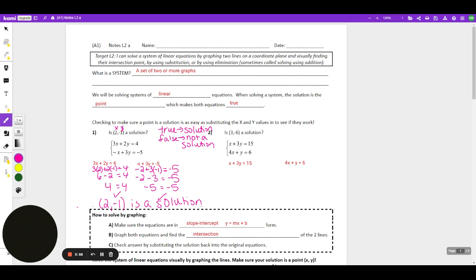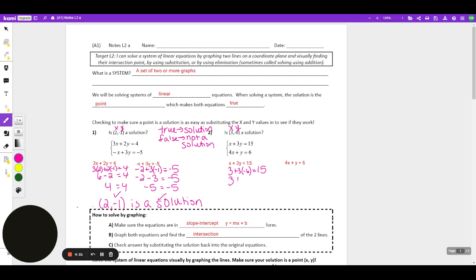Okay. Now I want to see if number 2, (3, negative 6), is a solution. So again, I'm going to go ahead and plug in my x value and my y value. So my x is a 3 plus 3 times y, which is my negative 6. And I want to see, is that equal to 15?